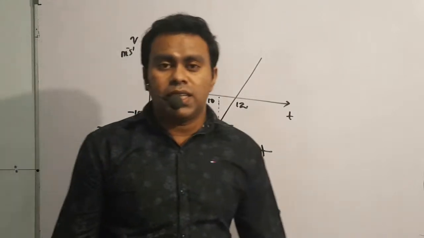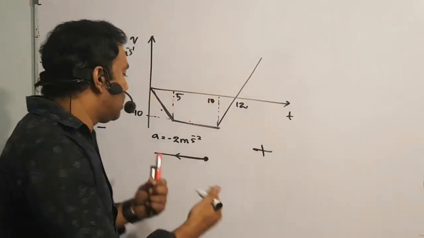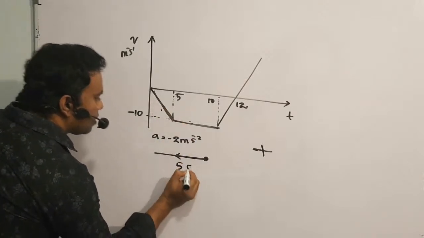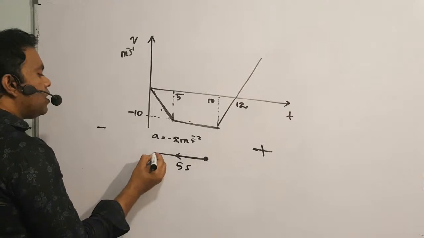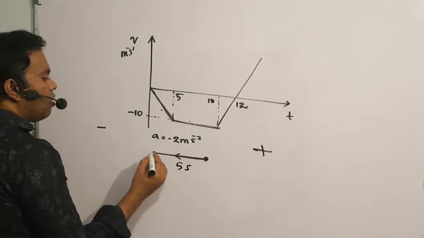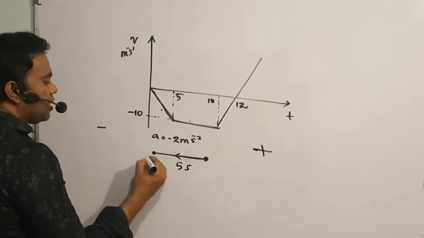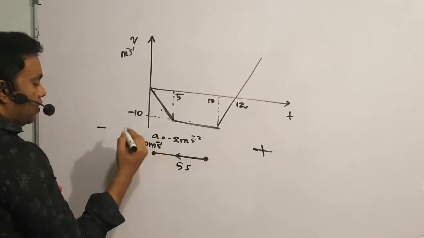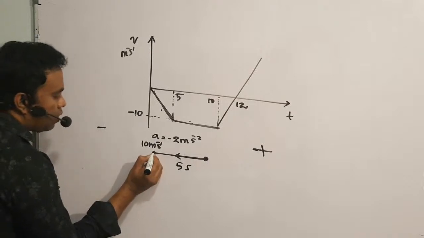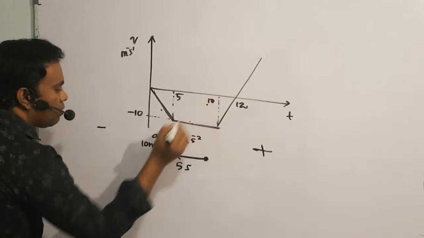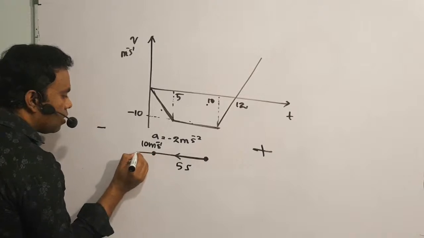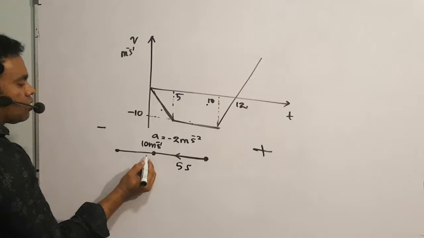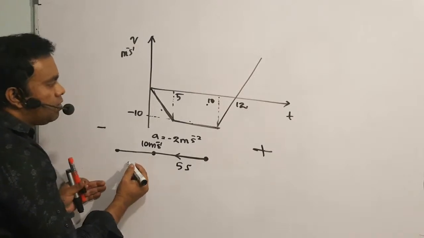What is the time taken for that? 5 seconds. Suddenly what has happened? When the velocity became 10 meters per second, it traveled another 5 seconds at that same velocity. Now the velocity is uniform at 10.